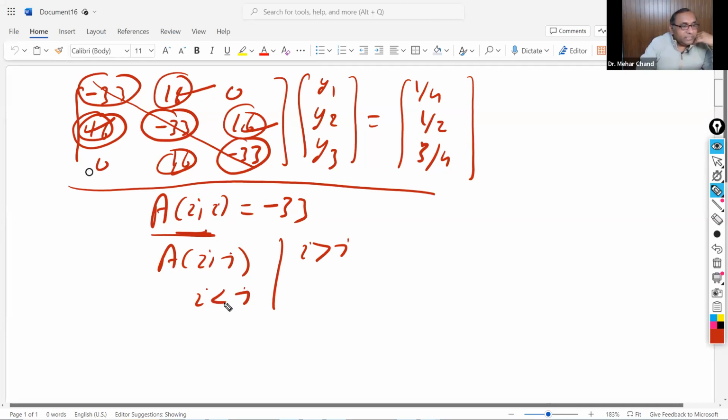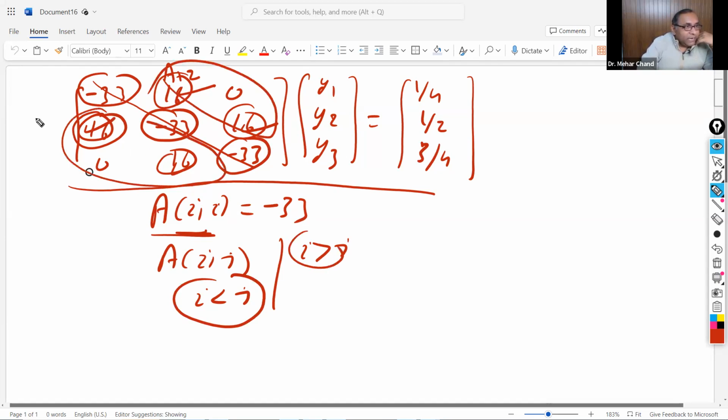So there are two ways: one is i less than j, or i greater than j. For i less than j, we have the element above the diagonal, and for i greater than j, we have the element below the diagonal. This approach will help you to understand the code which I'm going to show you now.